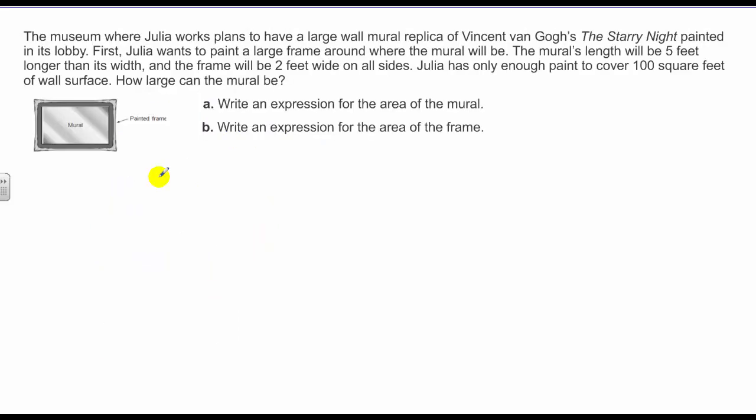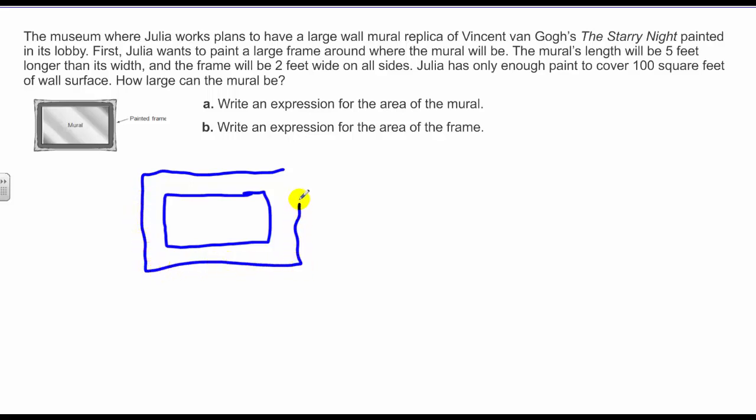So in this problem, what we're going to do is write expressions for areas in the figure. What this person's doing is constructing a painting, and then around that painting we're going to make a frame, and that frame is going to be even around each side.